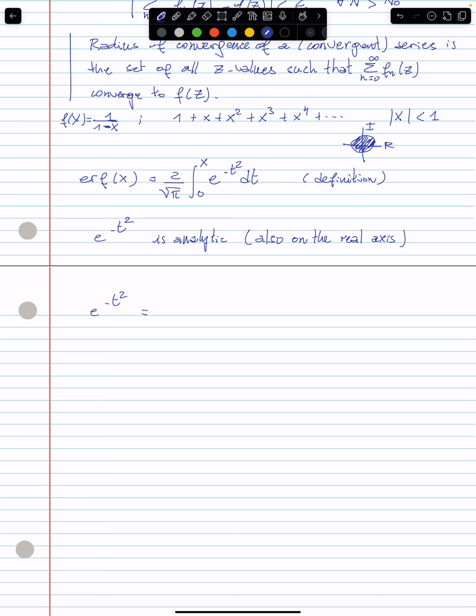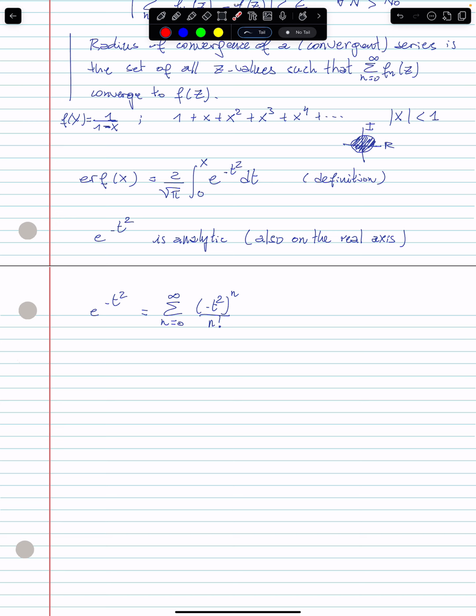So if we use the Taylor series expansion of this exponential, the expression will be the series expansion of the exponential function, where I just replace the standard argument of the exponential by minus t squared.